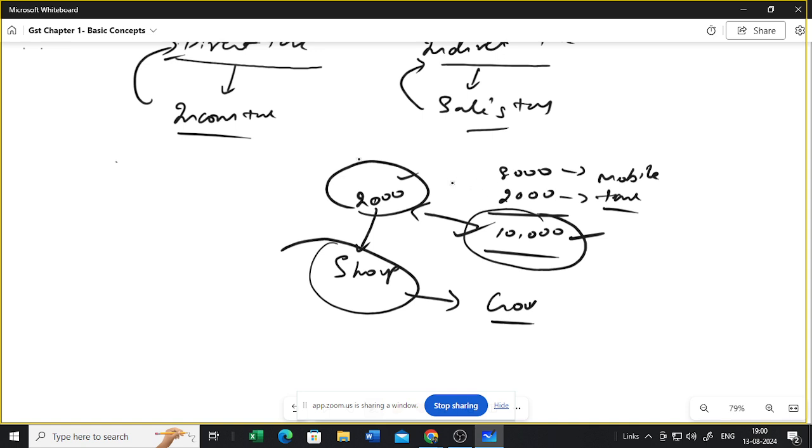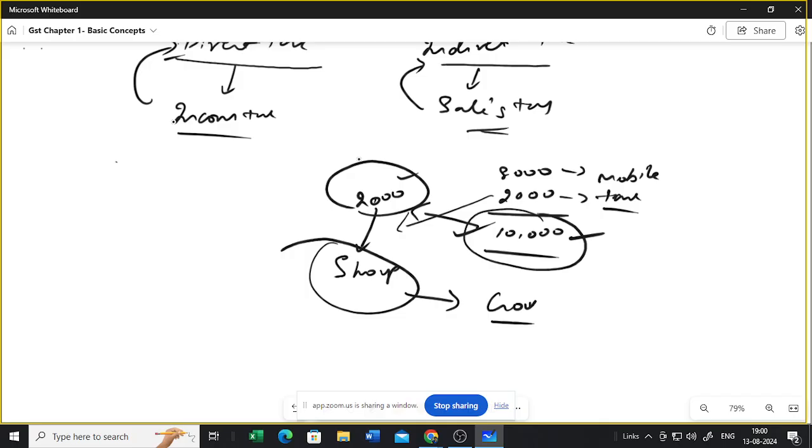You are, as a customer, paying it to the shop, and the shop pays the government. So indirectly the government is collecting the tax from you only. That's why we call sales tax an indirect tax.